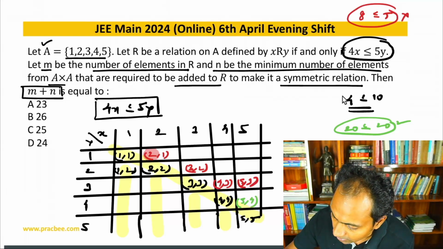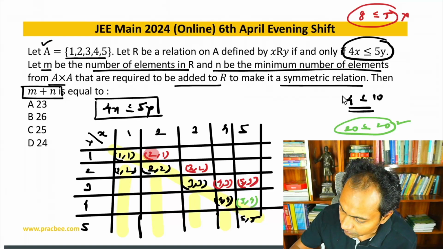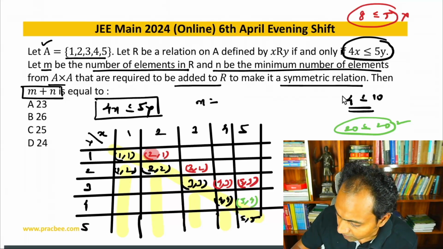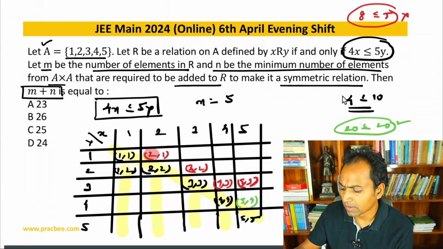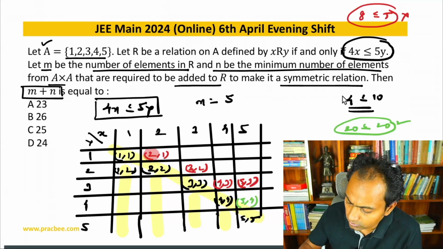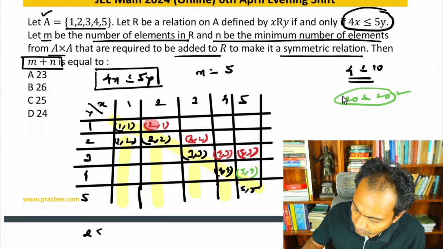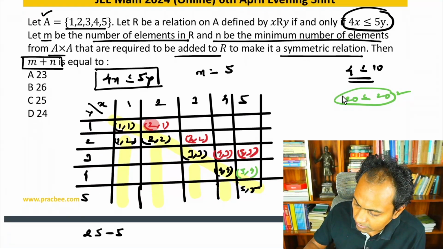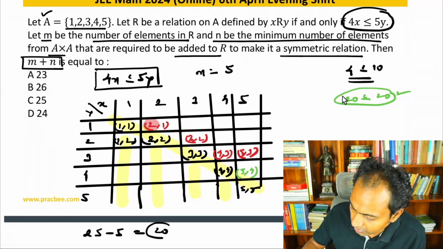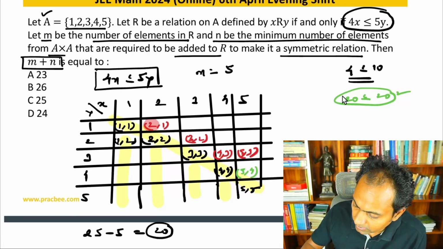You can see how many values are there. The value of m, if I want to find, now I can write all the diagonal values that are nothing but 5. And then non-diagonal values. So how to find this non-diagonal value? It is very simple. Total values are nothing but 25. If I subtract diagonal, I will get 20 non-diagonal values. Now half of them will be below the diagonal.